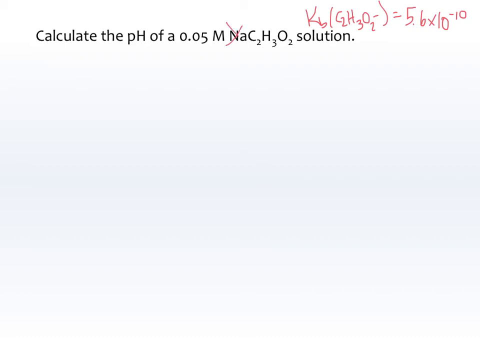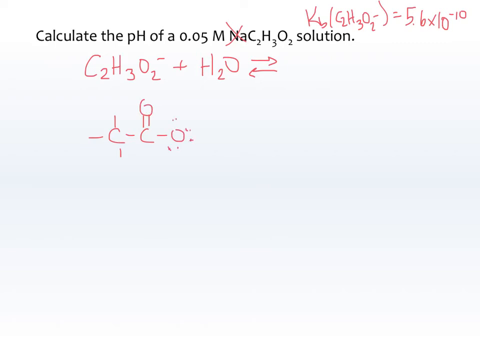So again, we're going to cancel the Na. The Na is going to be a spectator ion because it comes from the strong base NaOH. So all I have is C2H3O2 minus and water. There is not a hydrogen to give to water. There's only a place to take a hydrogen. And if you're curious about the actual structure of that molecule where it can take a hydrogen, it's going to take a hydrogen on one of these lone pairs for oxygen.